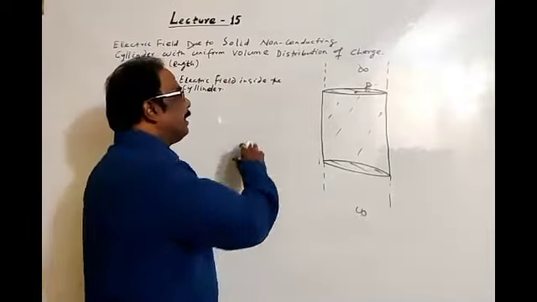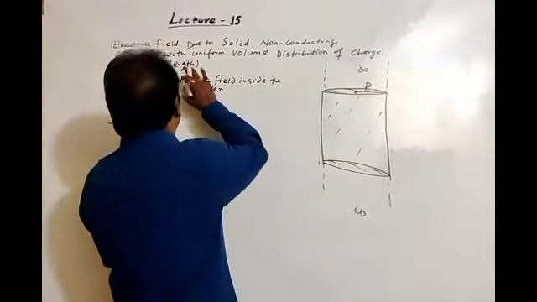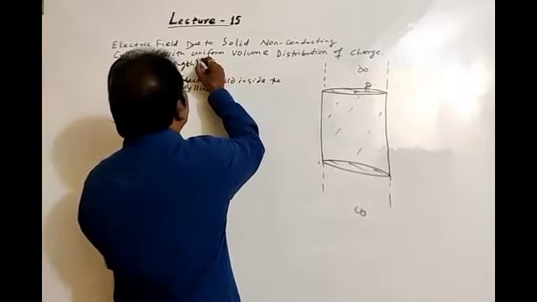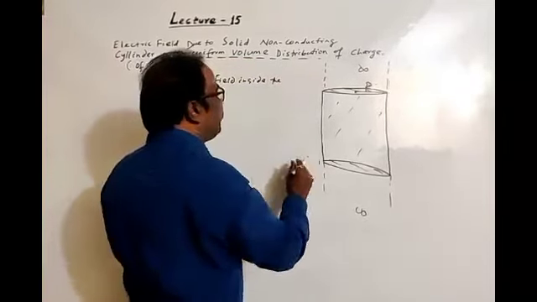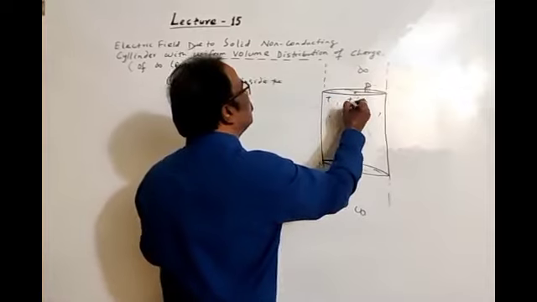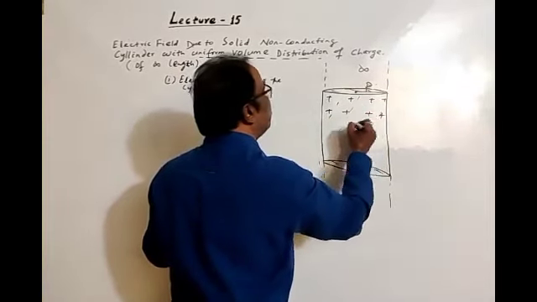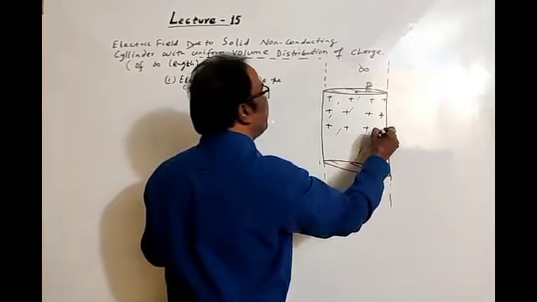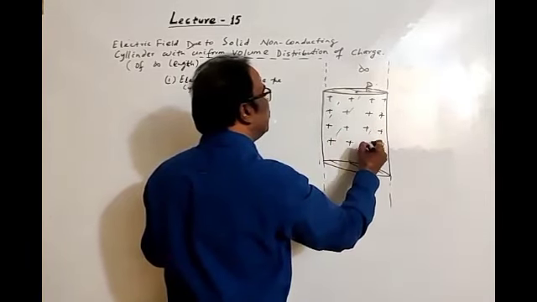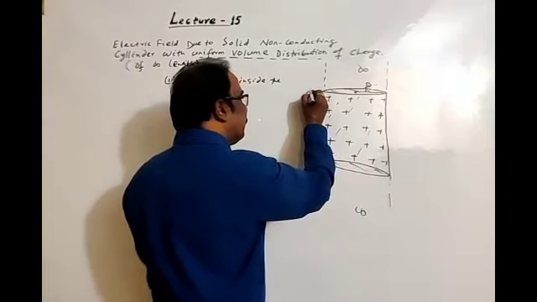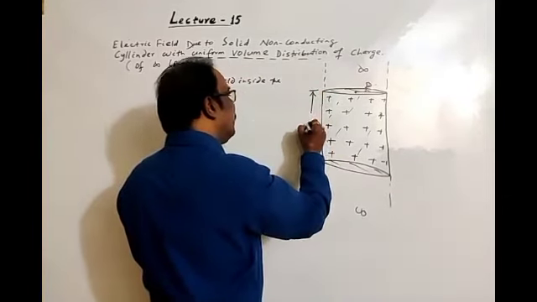So now inside the surface, this is the case where charge is uniformly distributed throughout the volume of the cylinder. Let's assume charge is distributed uniformly in the volume of the cylinder, and we have considered a part of the cylinder.